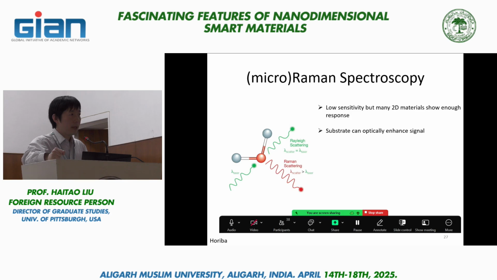There's another trick that people also often use. That is the substrate. This is something I didn't mention in my talk in the morning, but a lot of the substrates people use to support 2D material is a silicon wafer with a silicon oxide top coating. Now that coating can sometimes become an optical cavity.